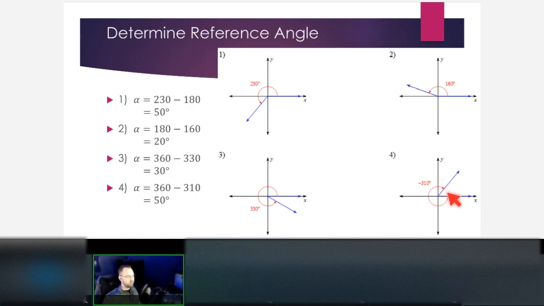So I would take negative 310 and then subtract negative 360, and then I would get my 50. That's what I did. But Emily's way is better. Makes more sense. No matter how you approach it, you should get 50. That's what's important.